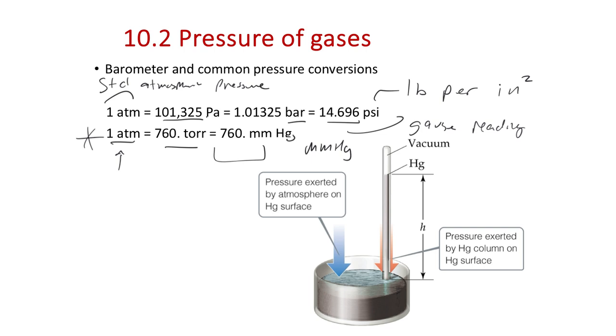Now, the reason why you see the millimeters of mercury as a unit for pressure has to do with how a barometer is constructed. To make a barometer, you take a glass tube and evacuate all the air out of the tube, and then you submerge it in a dish of mercury. Because the tube's evacuated, mercury is going to be pulled up into the tube. But how much mercury?